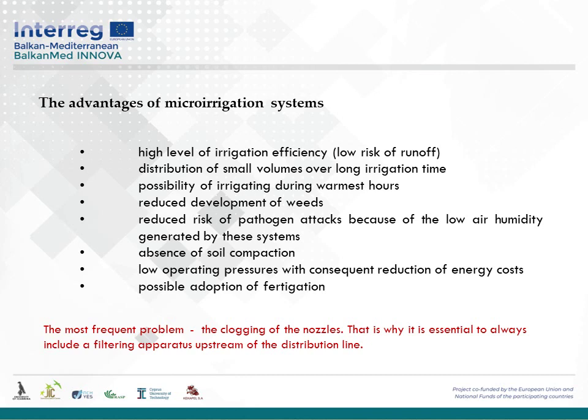You can irrigate by this system even during the warmest hours of the day, which was not possible with the previous irrigation systems, and by that you supply the plants with water at the moment they need it most, because in the warmest hours of the day the transpiration rate is very high, and by providing water directly to the plants in this period you significantly contribute to fulfilling their immediate water requirements.